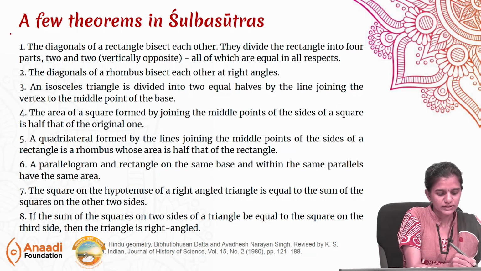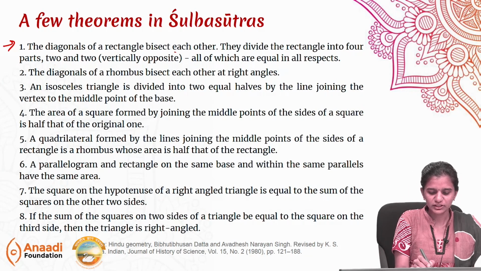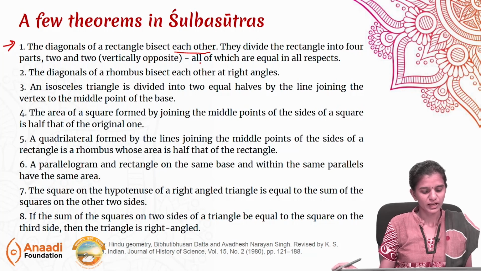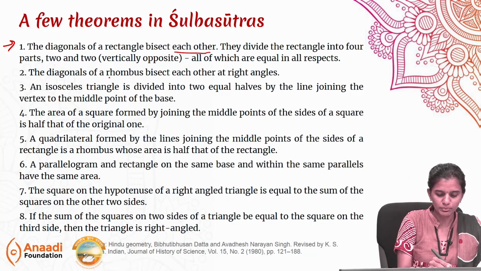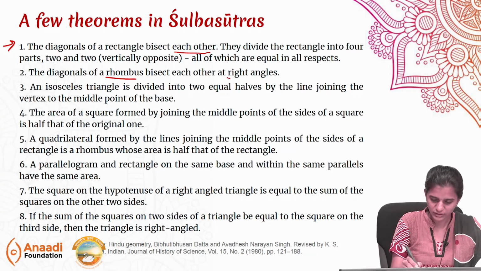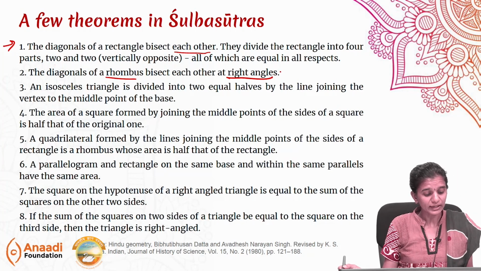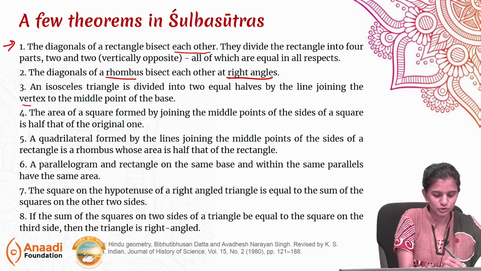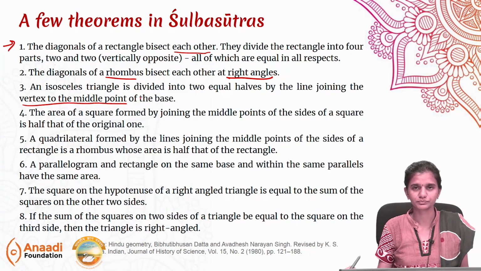The diagonals of a rectangle bisect each other. They divide the rectangle into 4 parts, 2 and 2, that is vertically opposite, all of which are equal in all respects. The diagonals of a rhombus bisect each other at right angles. An isosceles triangle is divided into 2 equal halves by the line joining the vertex to the middle point of the base.